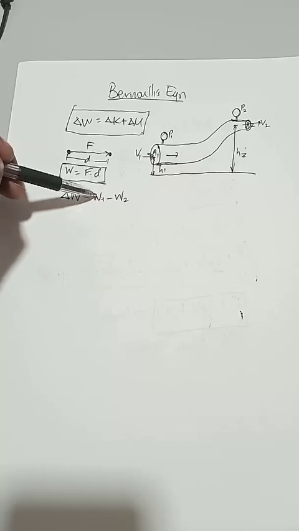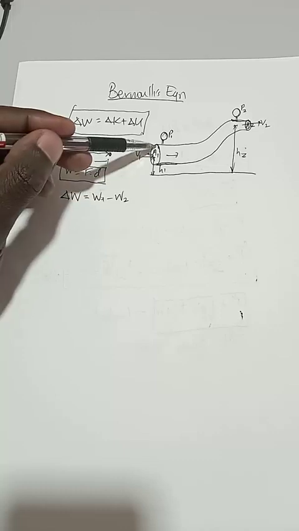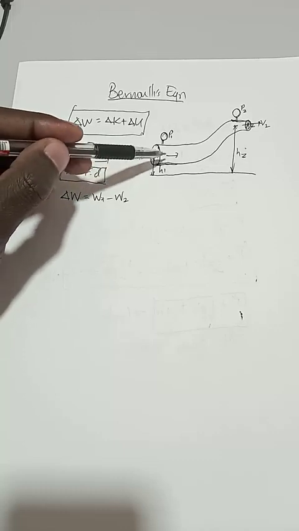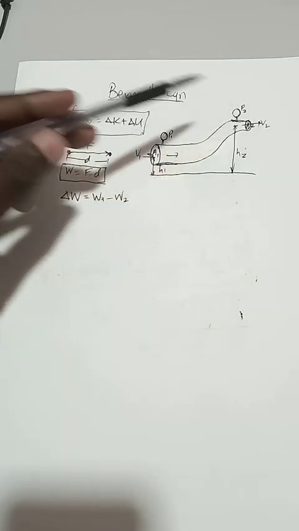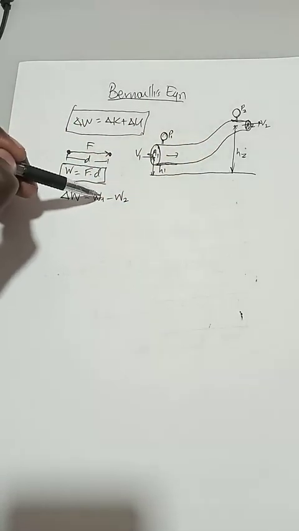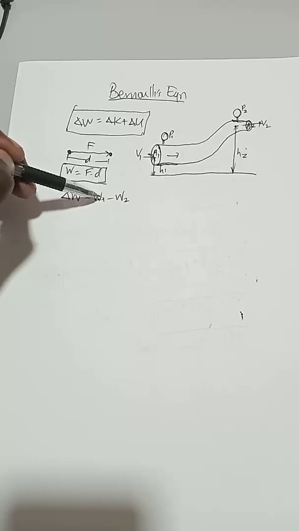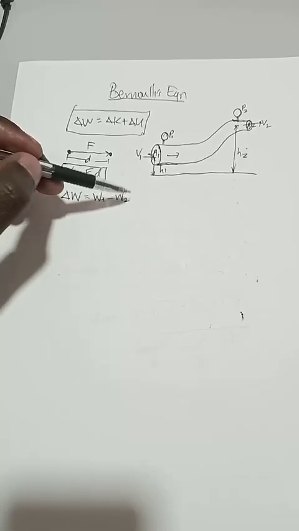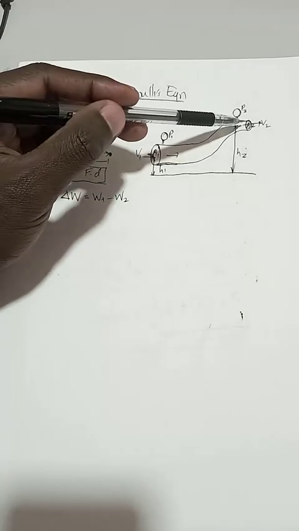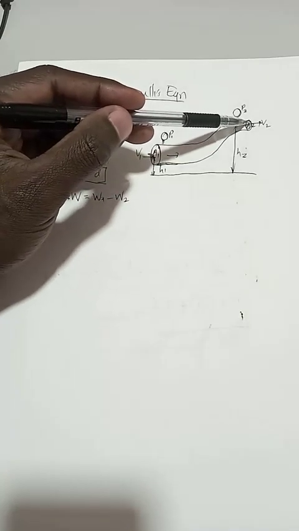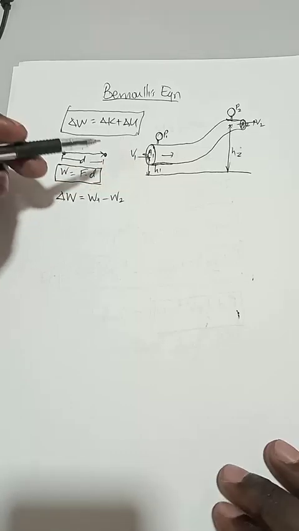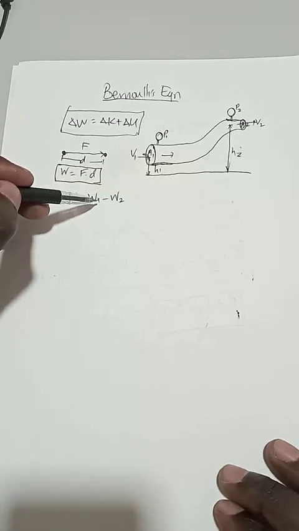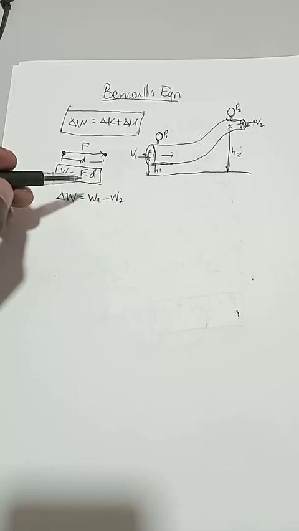Basically, you need to supply work at the position of this cross-sectional area, so the work done remains positive. The minus means reduced work done on the other side, where you don't need to supply work, only here.